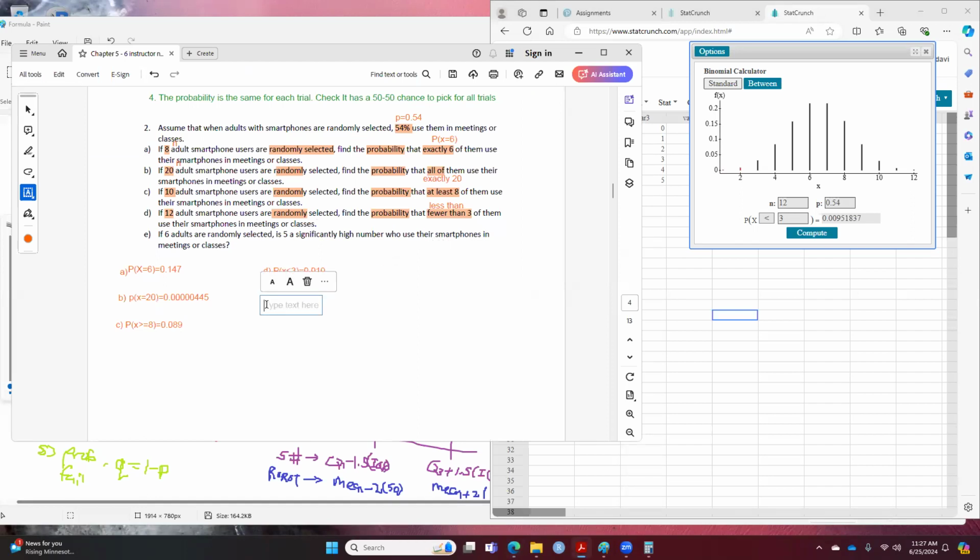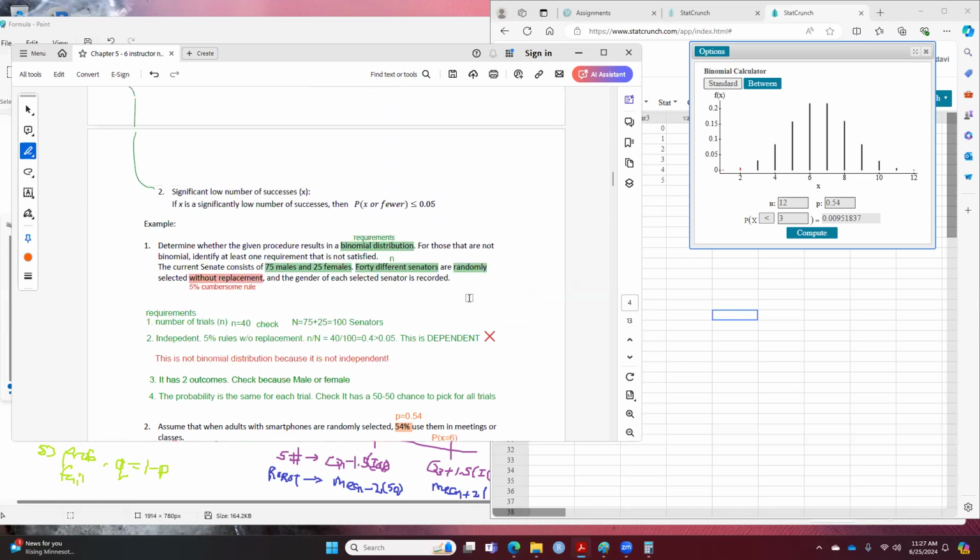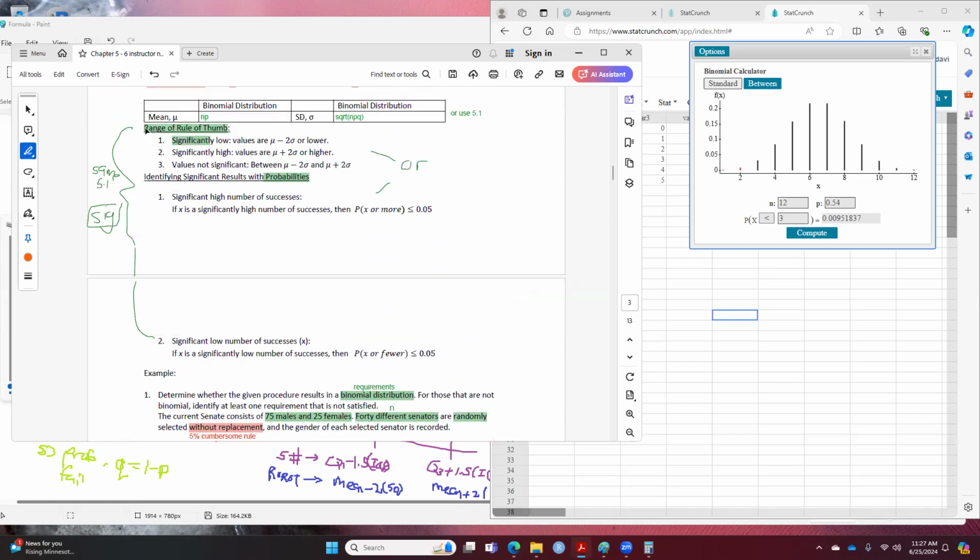And lastly, for part E, the question is asking, if 6 are randomly selected, is 5 a significantly high number? When you do significantly high, there are 2 ways for us to do it. Either you use the range rule of thumb or you use the probability.